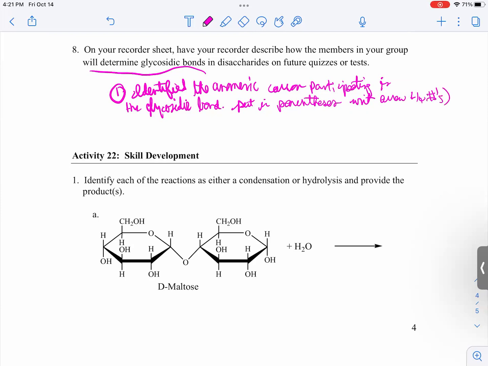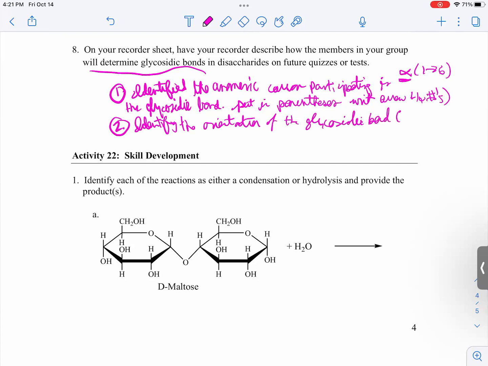Right? Like this. All right. And then you had to identify the orientation of the glycosidic bond as alpha or beta or both.